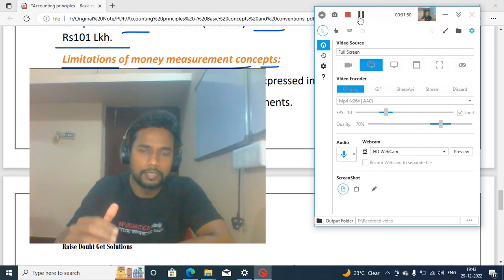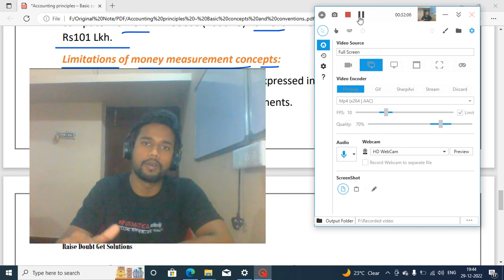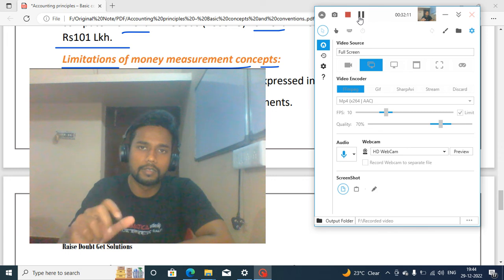In that stage, the value of money is decreasing; the purchasing power of consumers and different people is reducing. So the value of money is not stable or constant.